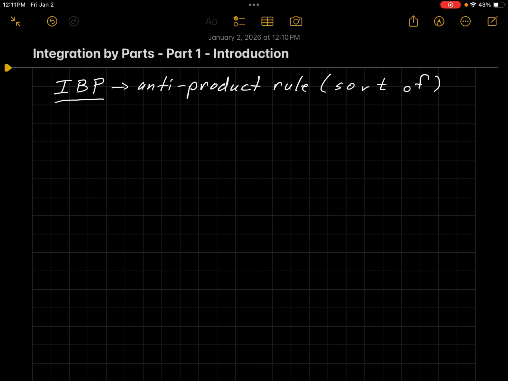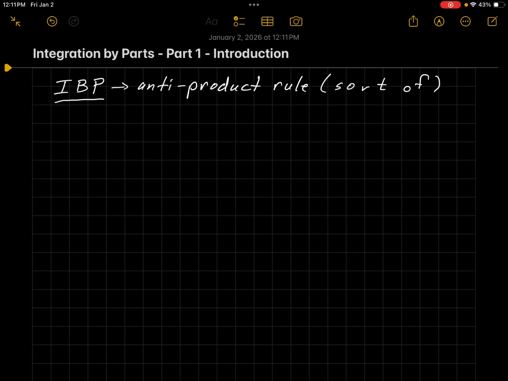But it is an advanced integration technique, and anytime we're doing an advanced technique, we want to know, when should I use this? That is, what is the rule that says when this happens, I should do integration by parts?